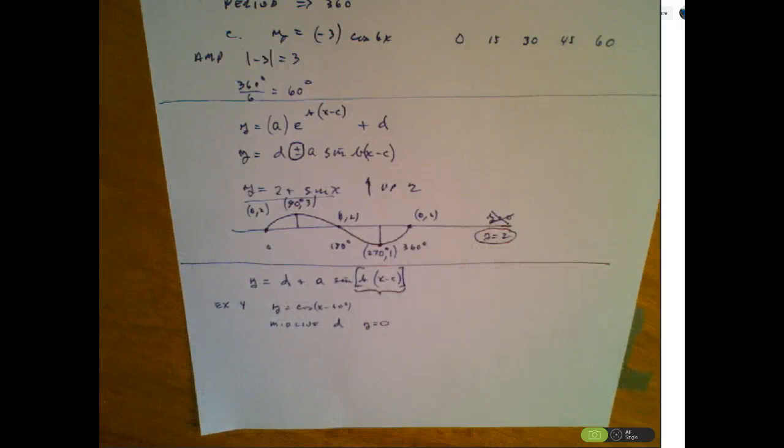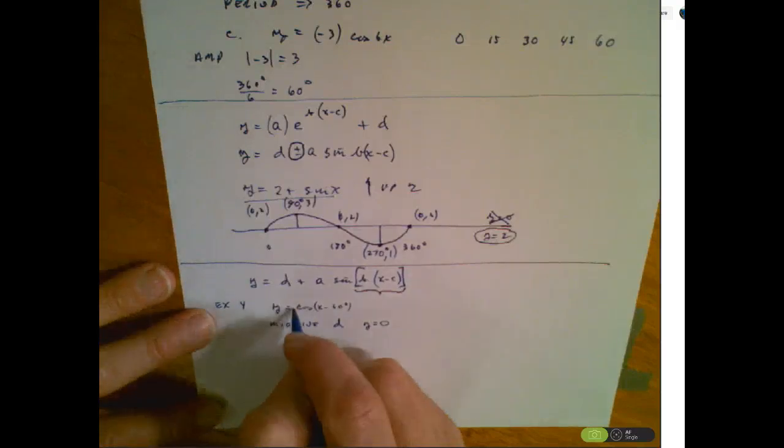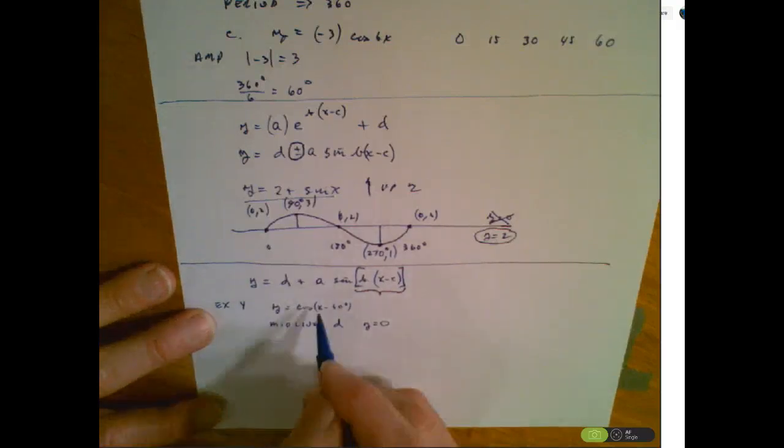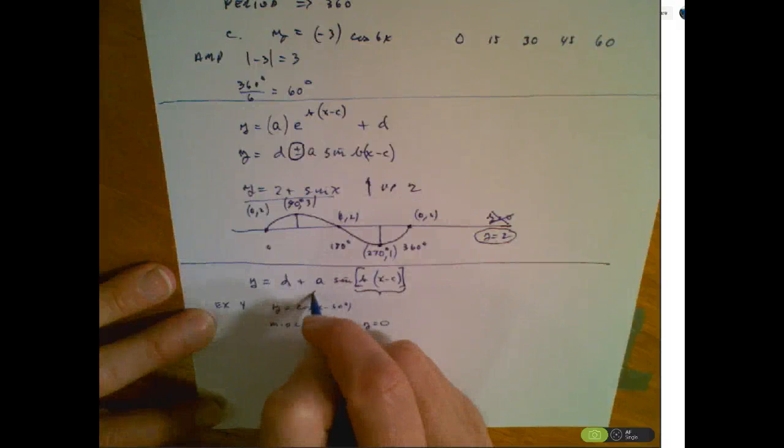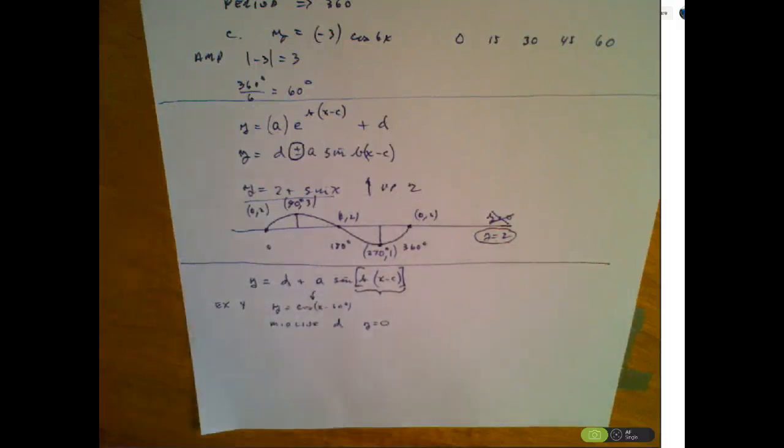The next thing is we identify, is there any stretch in the y or x? And the answer is no. You notice that your coefficient in front of the cosine is 1, and you don't have any B other than 1. So we're not dealing with any vertical translation in this one because D is 0.